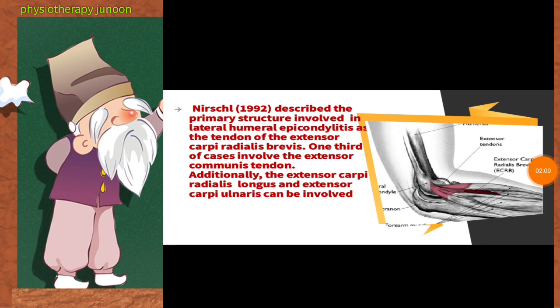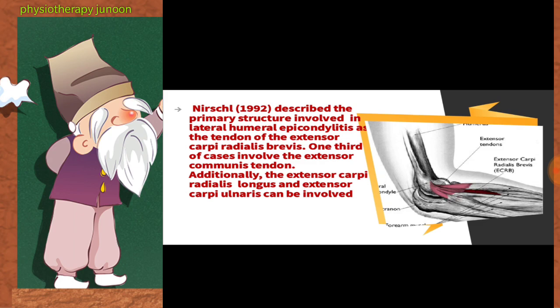A very good definition describing lateral epicondylitis: Nirschl in 1992 described the primary structure involved in lateral humeral epicondylitis as the tendon of the extensor carpi radialis brevis.